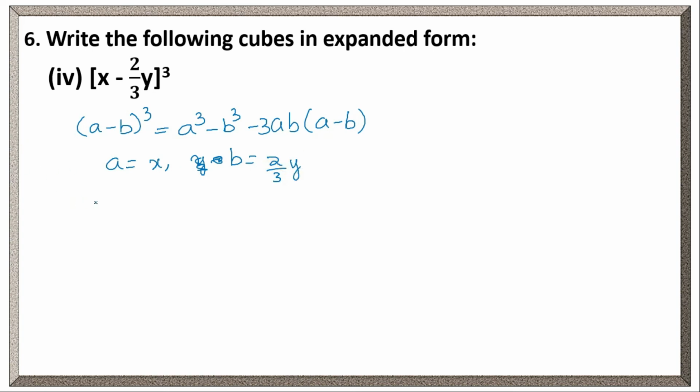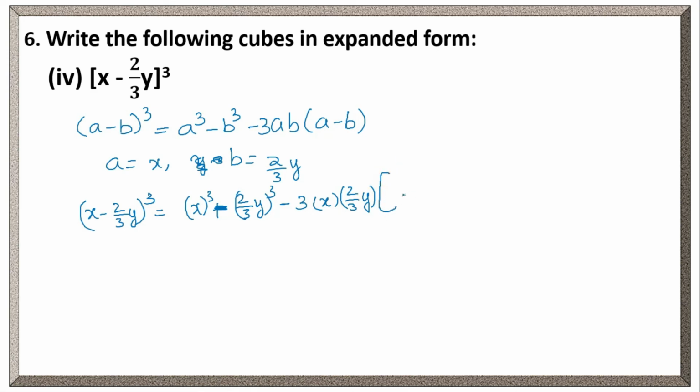Now substitute a and b values in the identity. (x − 2/3 y) whole cube equal to x cube plus, here minus, right, (minus 2/3 y) whole cube minus 3 into x into 2 by 3 y into (x − 2/3 y).